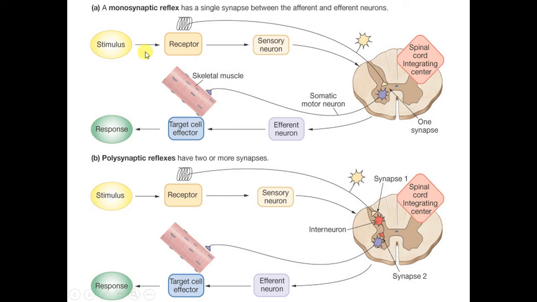From the stimulus to the receptor, the sensory neurons go directly to the dorsal root, and the somatic motor neurons go directly to the ventral root to the skeletal muscle, causing the response from the effector.